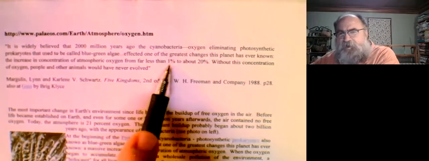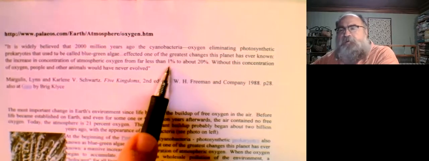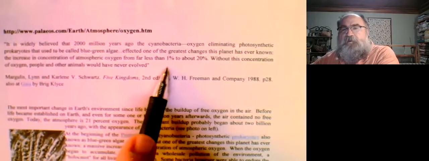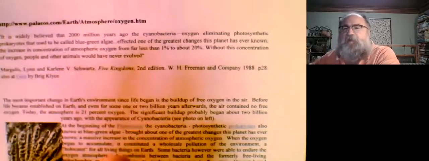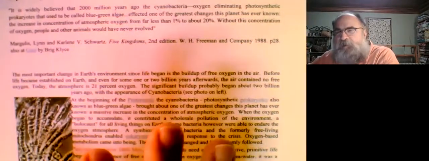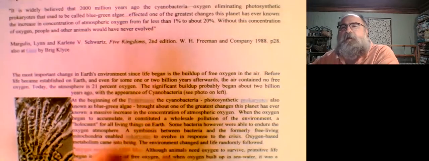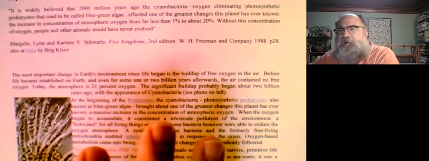And it's about the same time that we see the red-banded formation. All the oxygen that had been produced up to this point had combined with iron. And so now we look around the world and we see in this 2 billion year old sediment, red iron oxides.